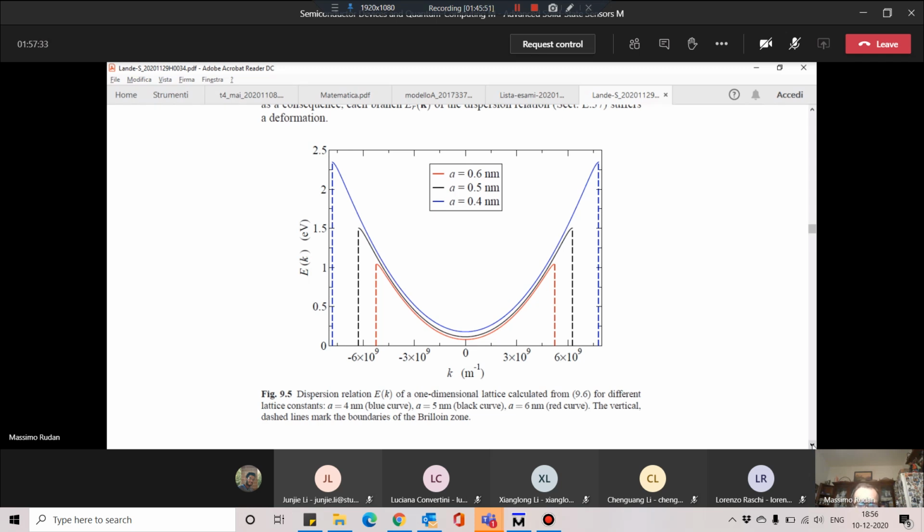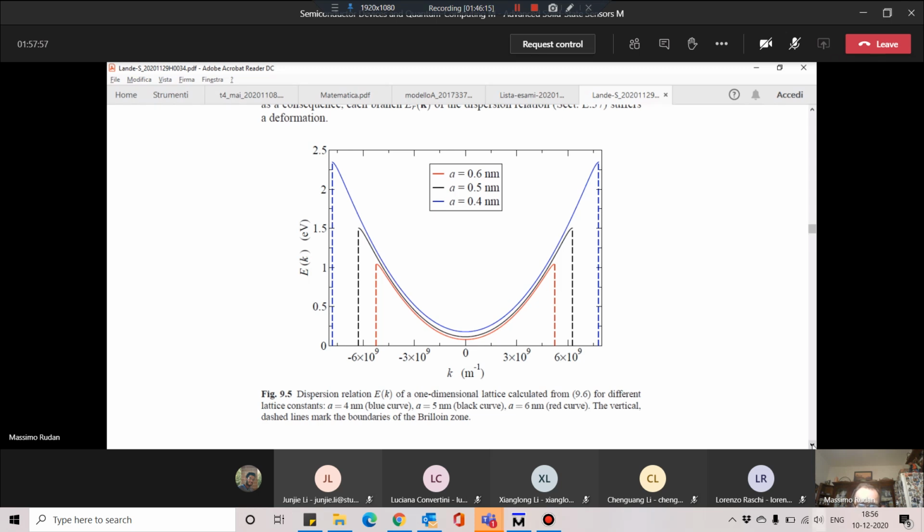But also you see that the band shifts upwards or downwards depending on the value of A. So if you increase A, so if you are stretching the material in this example, the band goes down.